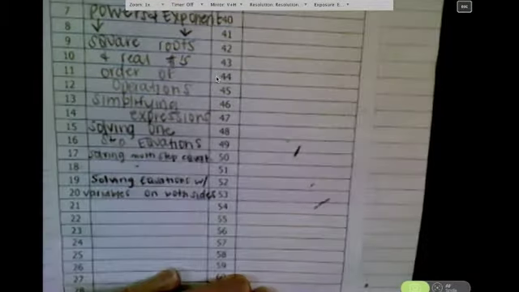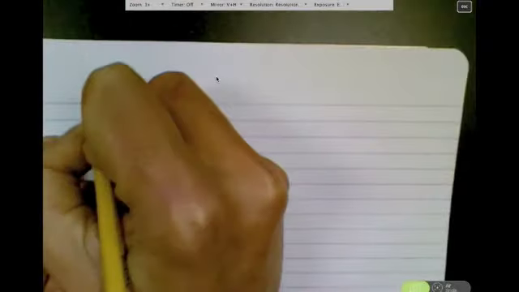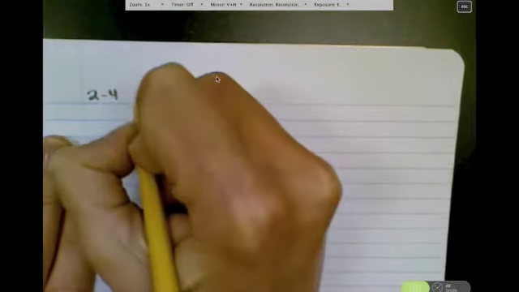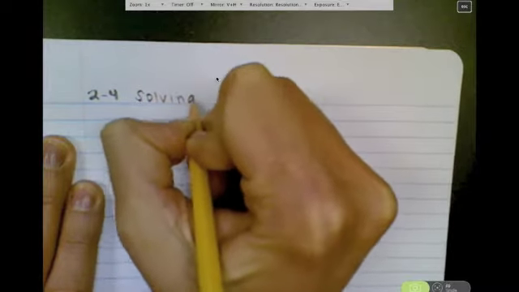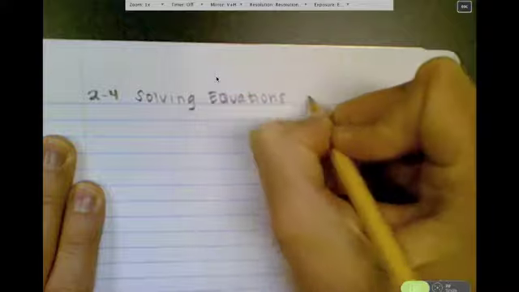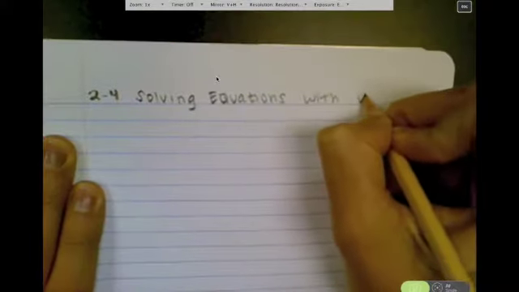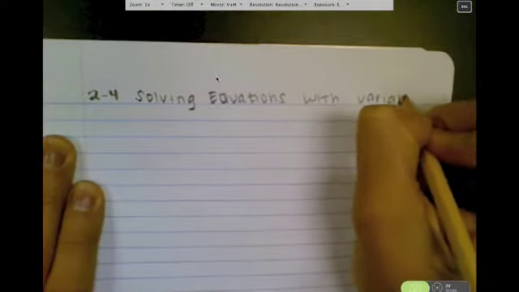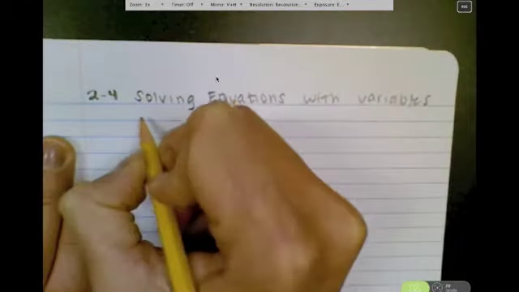Then if you'll turn to page 19 in your composition book, and you can title it section 2-4, which again is solving equations with variables on both sides.